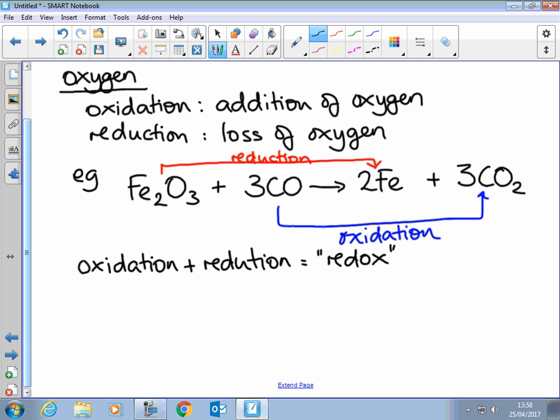Okay, now we're going to be able to follow this, most of the time. We're going to be looking at redox. If we do our definition in terms of hydrogen, let's make oxygen one of them, hydrogen is our next option.